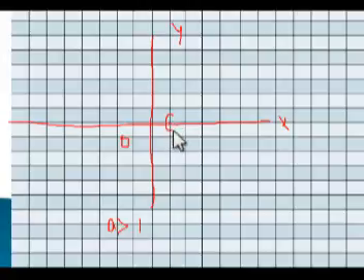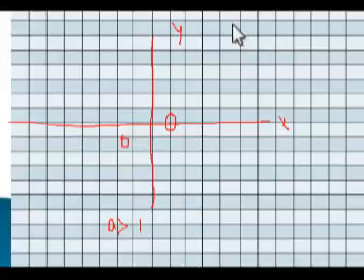Like the exponential function always passes through 0, 1, the logarithmic function always passes through the point 1, 0, and it is not defined for x equal to 0 and for negative values of x.